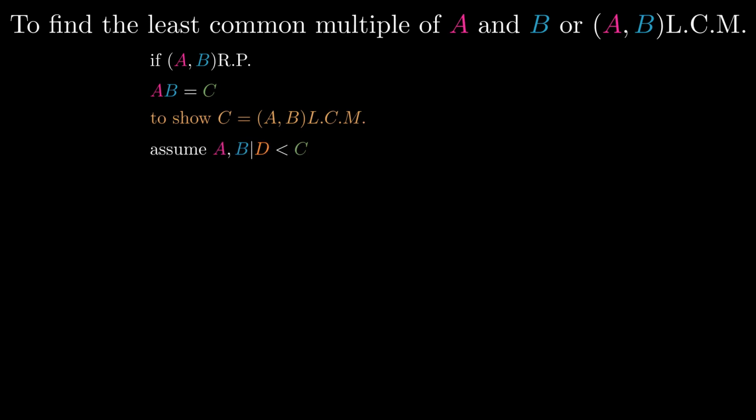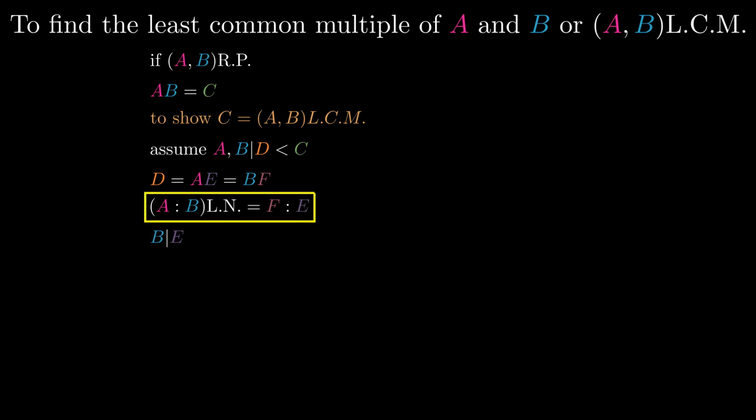If otherwise, a and b will measure a number less than c, say d. And we can write d as ae and bf. Thus ae is equal to bf, and thus a to b is proportional to f to e. Since a and b are relatively prime, a to b is in least numbers, so b measures e.